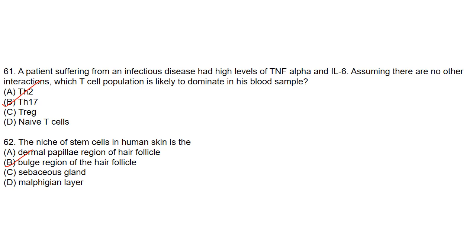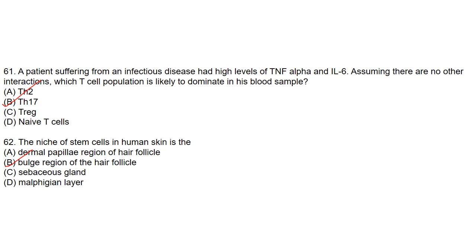But in addition, tumor necrosis factor alpha and interleukin 1 beta can further enhance Th17 differentiation, but only in the presence of TGF beta and interleukin 6. So which T cell population is likely to dominate here? It is Th17. Answer is option B.